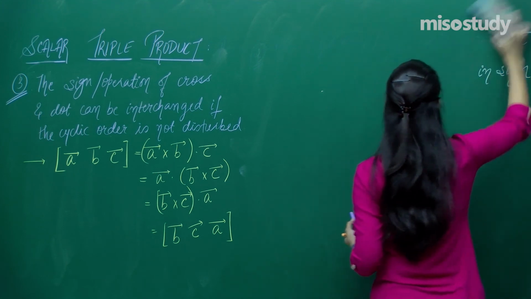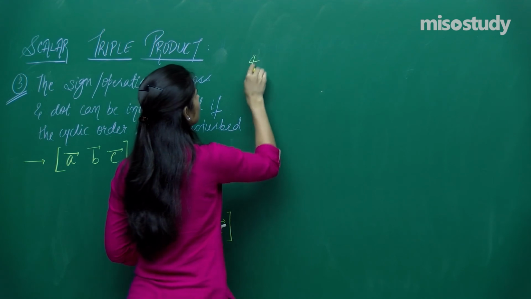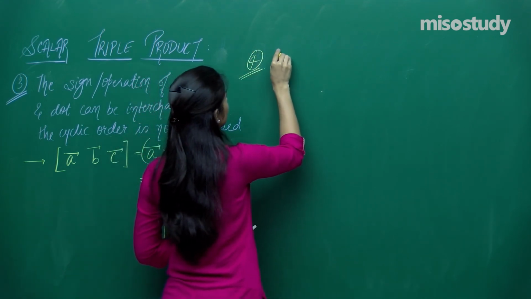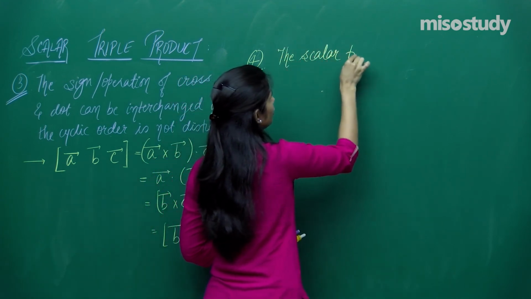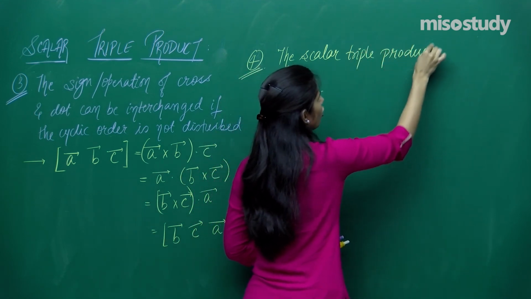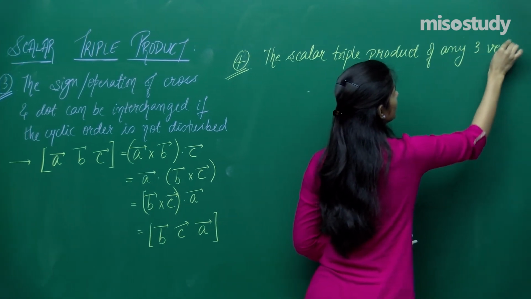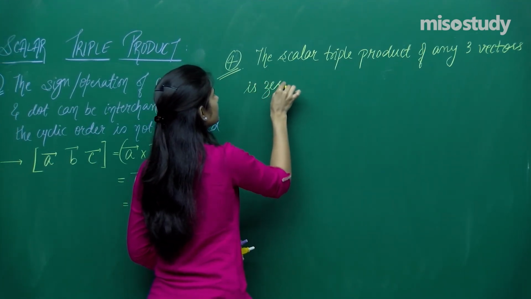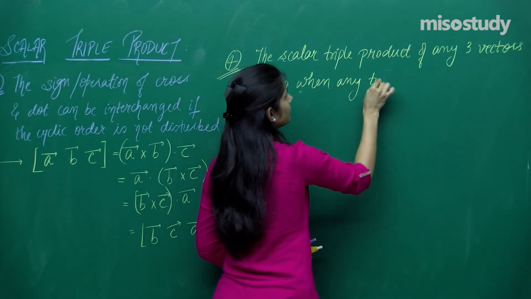The property that now comes is really interesting. What is that? Let's see. We have over here that the scalar triple product of any three vectors is 0 when any two are equal.